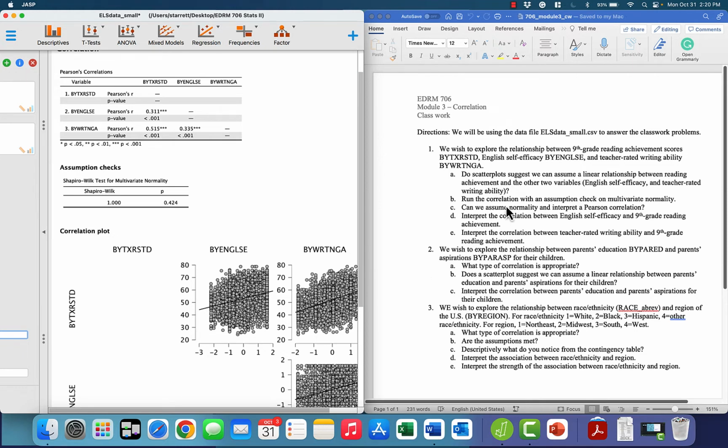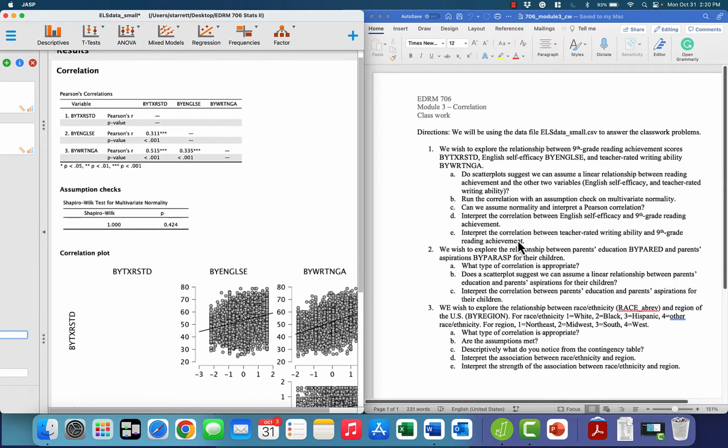All right, and we ran the correlation. And can we assume normality? And we see here with Shapiro-Wilk that our p-value is 0.424, so we do not reject the null. So we can assume normality with these variables.